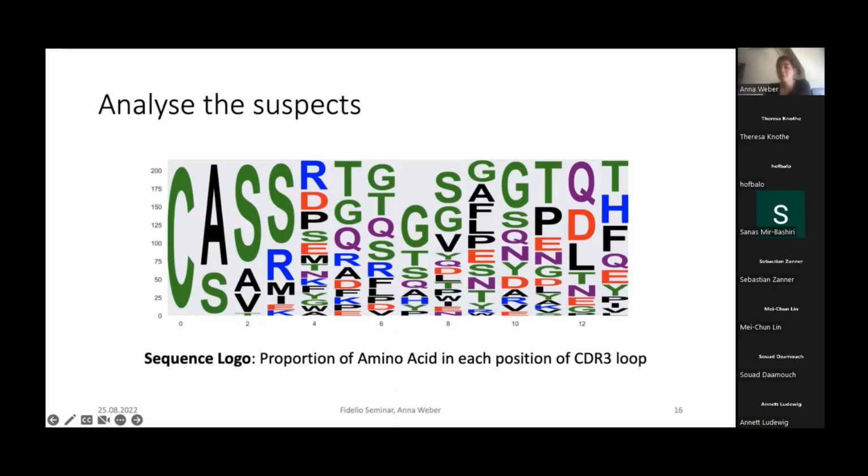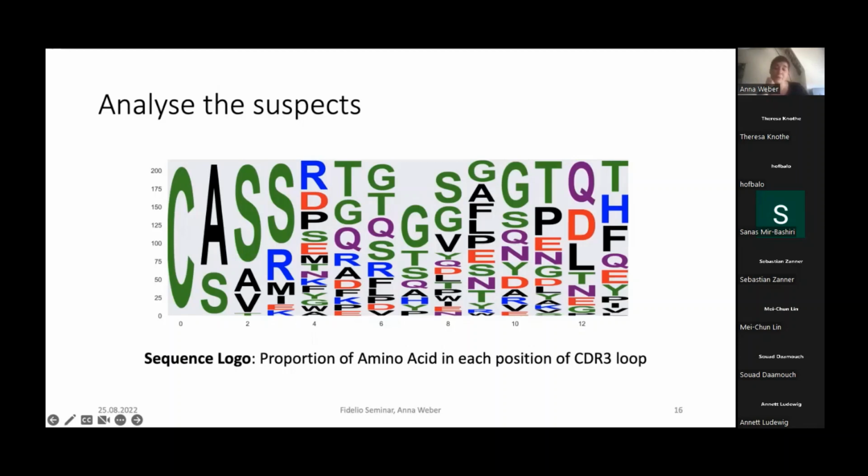I had hoped at this stage to observe a pattern, so that all the suspicious sequences I'm finding have a similar binding sequence. That would have been a strong hint that they're all binding the same target. Or maybe, if I group the amino acids by their biophysical properties, I'd find a lot of polar amino acids in the same position, something like this.